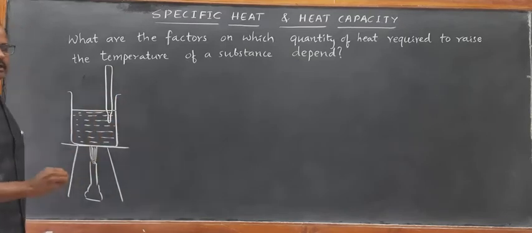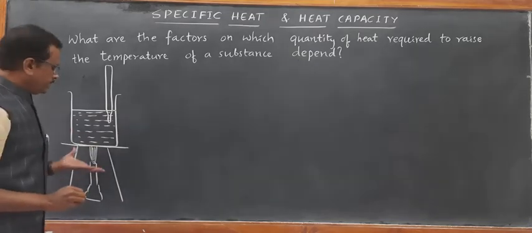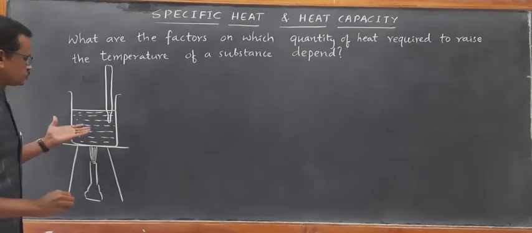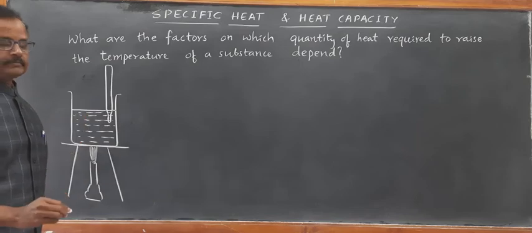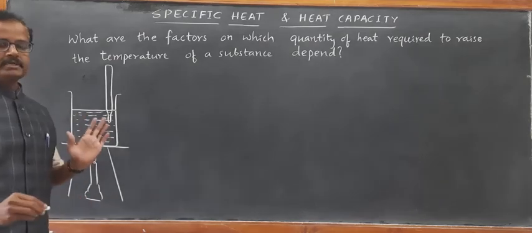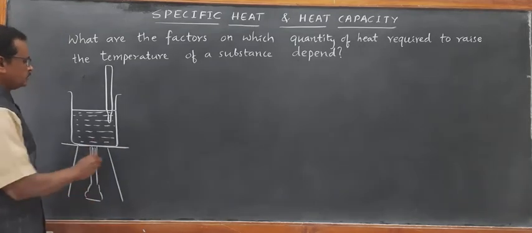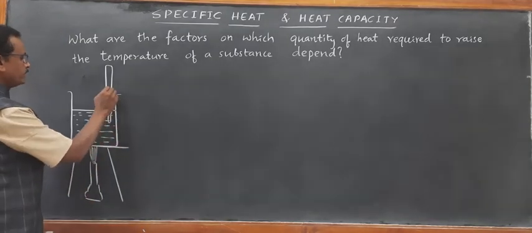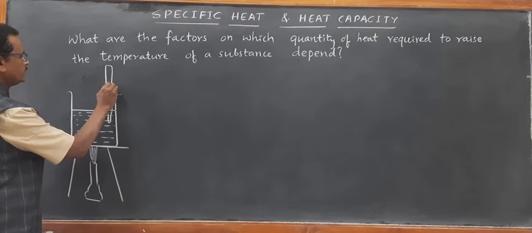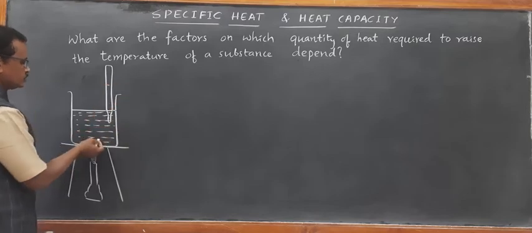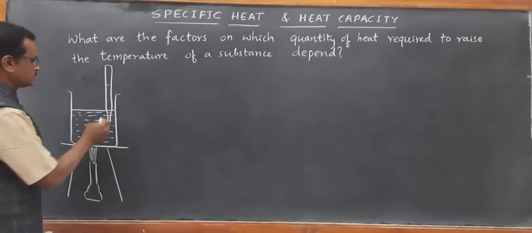Heat it until the temperature rises by 20 degrees Celsius. Let us say initially the water is at 20 degrees Celsius. After heating, note down the time for heating up to a 20 degree rise in temperature, which means the total temperature now becomes 40 degrees Celsius.